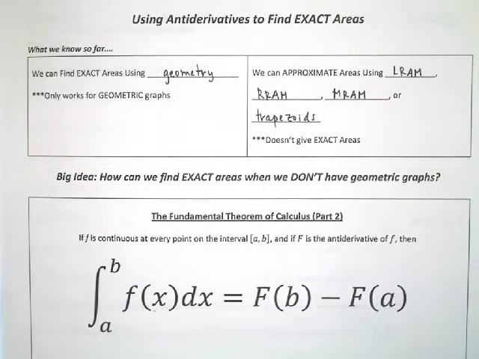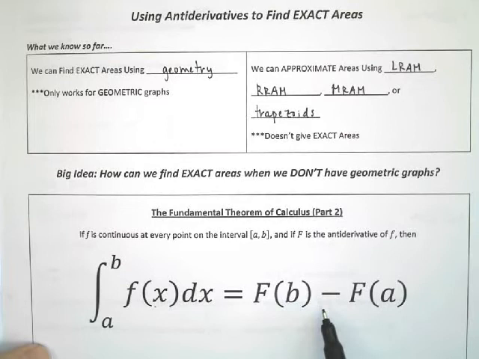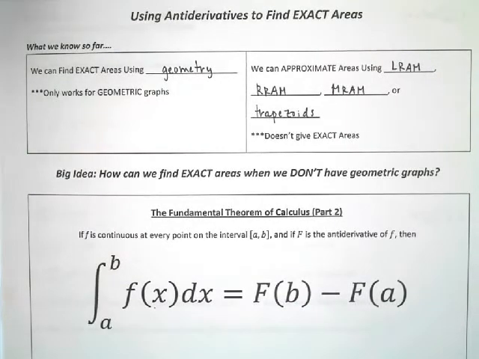It says if a function f is continuous at every point on a given interval, and capital F here is the antiderivative of f, then the integral from a to b of f of x dx equals the antiderivative evaluated at the upper bound minus the antiderivative evaluated at the lower bound.